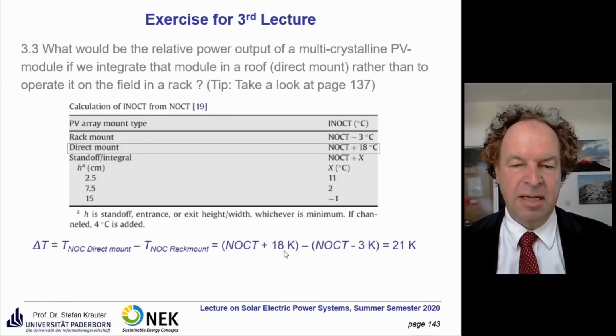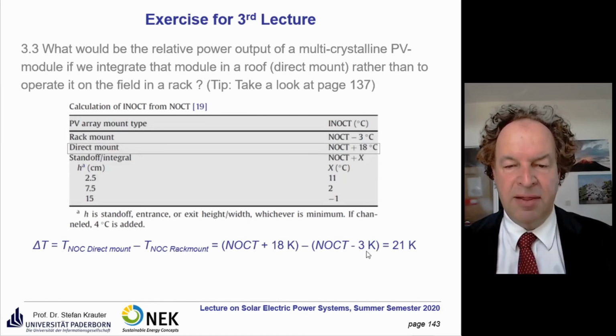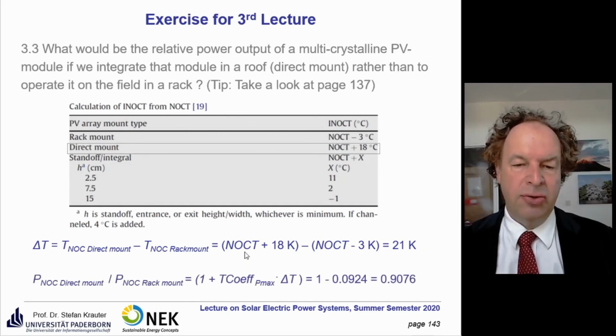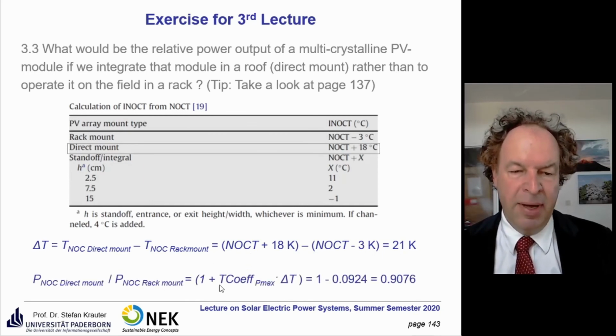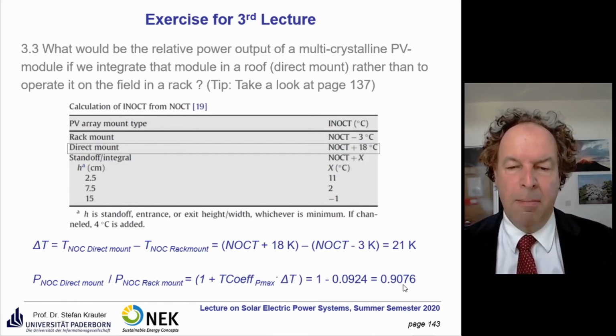So we see that the total temperature difference is 18 plus 3 Kelvin, so 21 Kelvin. And altogether, if we compare the two power values, we arrive at 90.76%. What we saw is that we lose about 10% in power and energy yield if we mount our module differently.